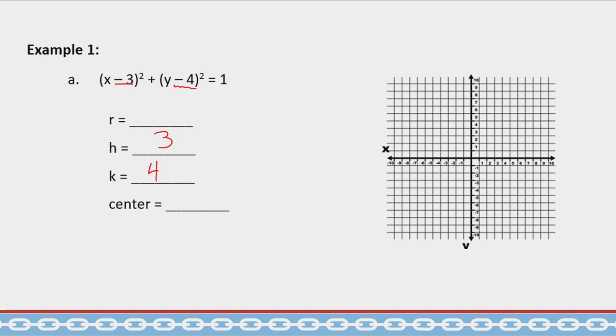So I have a center point then at 3, 4. My r squared is 1, so we will always square root that. And it just so happens that that one's going to stay as a 1.